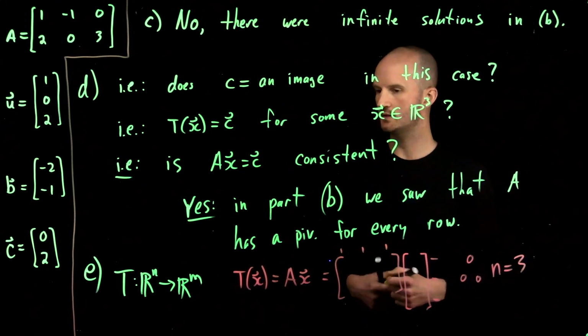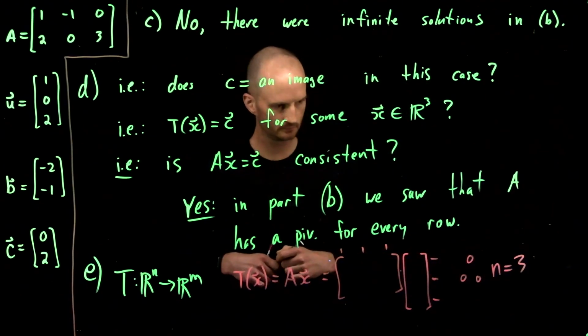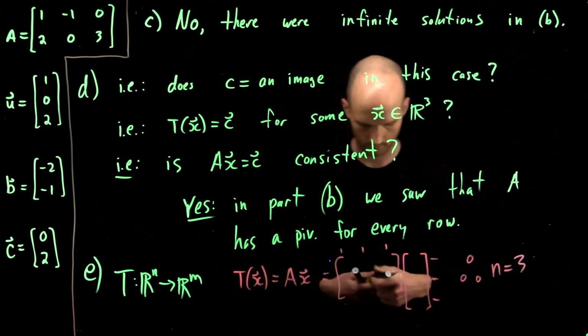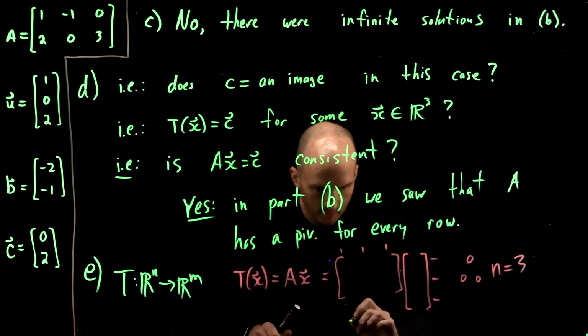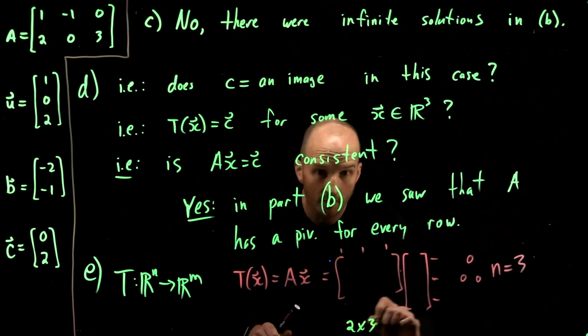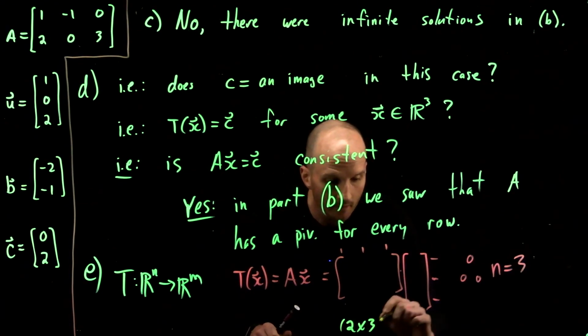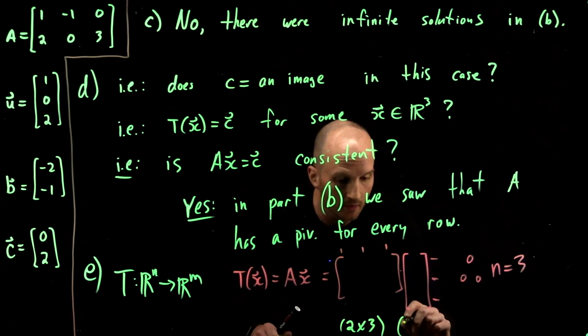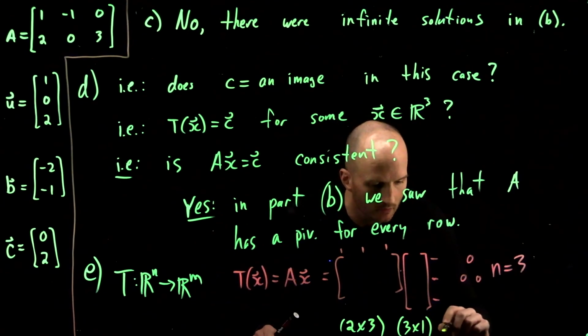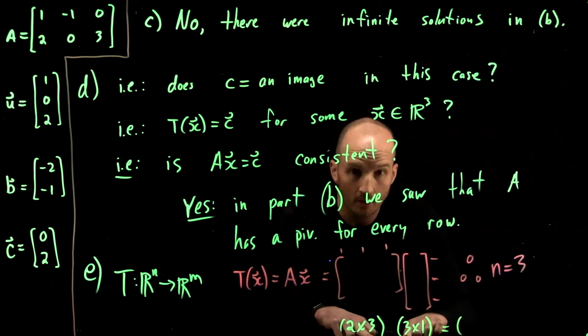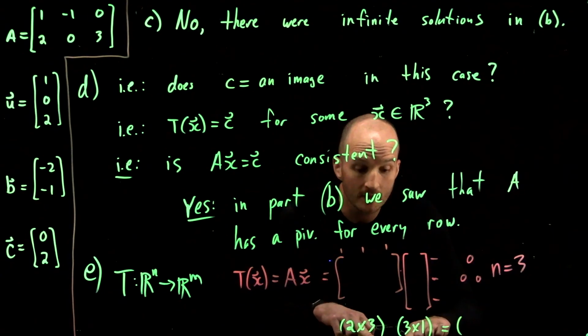Well, we have seen that when you have a 2 by 3, and then you have a 3 by 1, then the answer is going to be, you exclude the middle, right? So these 3's have to be the same for the product to make any sense.